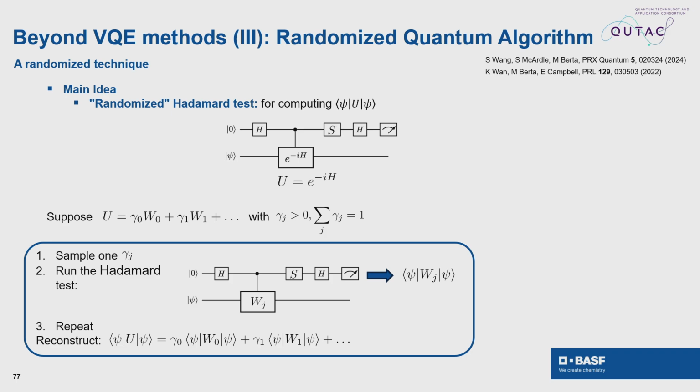And then, as computing the expectation value is a linear operation, you can reconstruct the expectation value just by summing up all the different contributions that you get while doing this sampling procedure. So somehow this solves in part the problem of computing the expectation value of an operator in a randomized way.